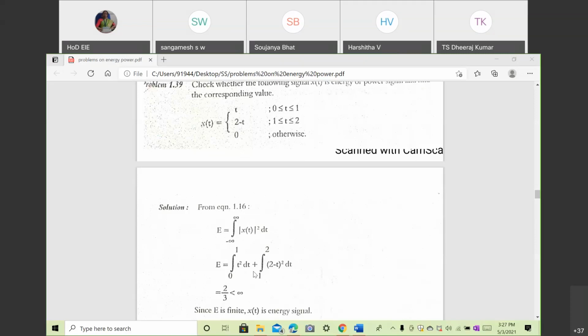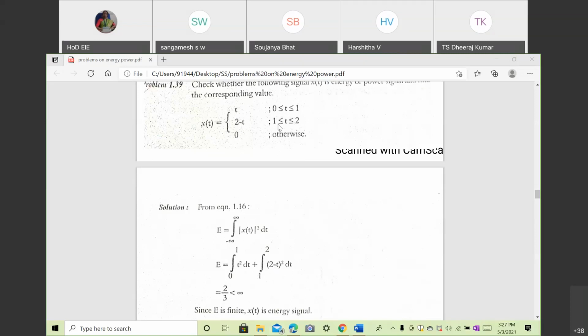Then next range 1 to 2. Integration range 1 to 2. For that, the equation we are supposed to follow is to get that part of the waveform. In the 0 to 1 range, what wave pattern are we going to get? We substitute different t values, starting from 0 to 1.